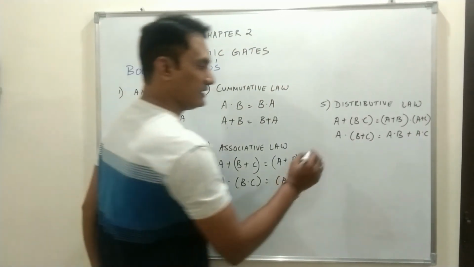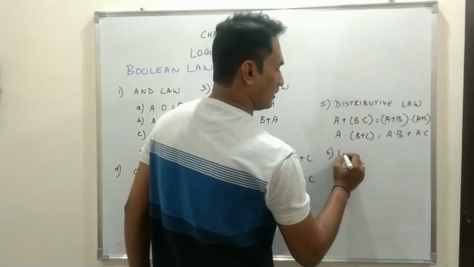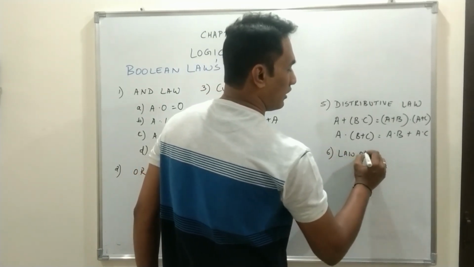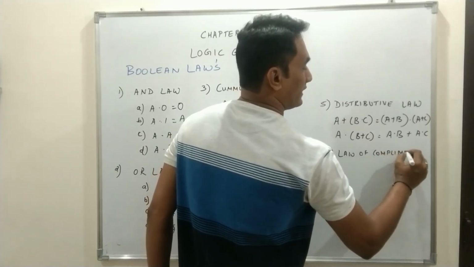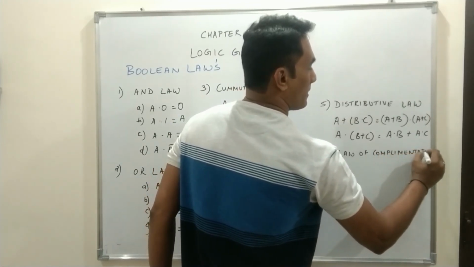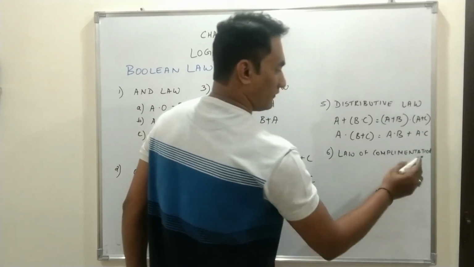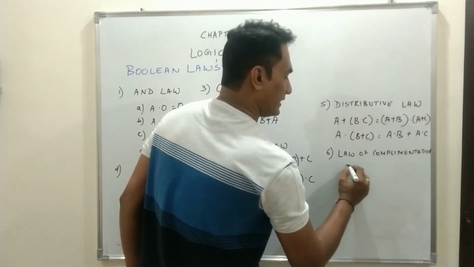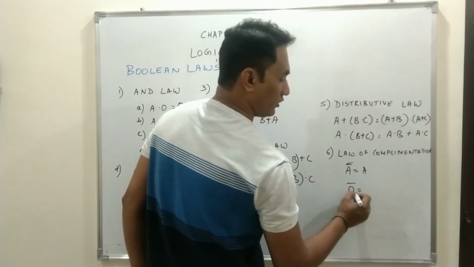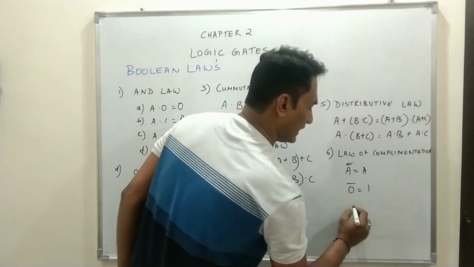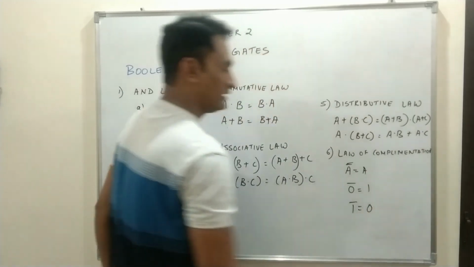And the last one, the sixth one, is called as law of complementation. Law of complementation, where A double bar is A, complement of 0 will be 1, and complement of 1 will be 0.